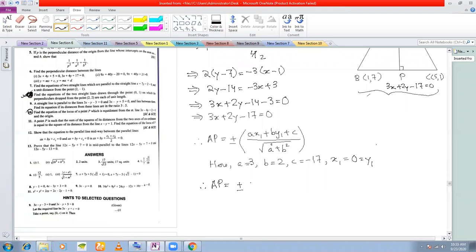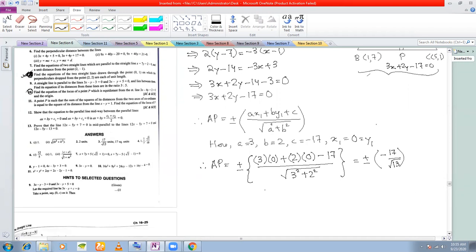AP is plus or minus, put the values here, A x1 plus B y1 plus C by root over of 3 square plus 2 square. So this gives you plus or minus of minus 17 by 9 plus 4 is 13, so root 13.